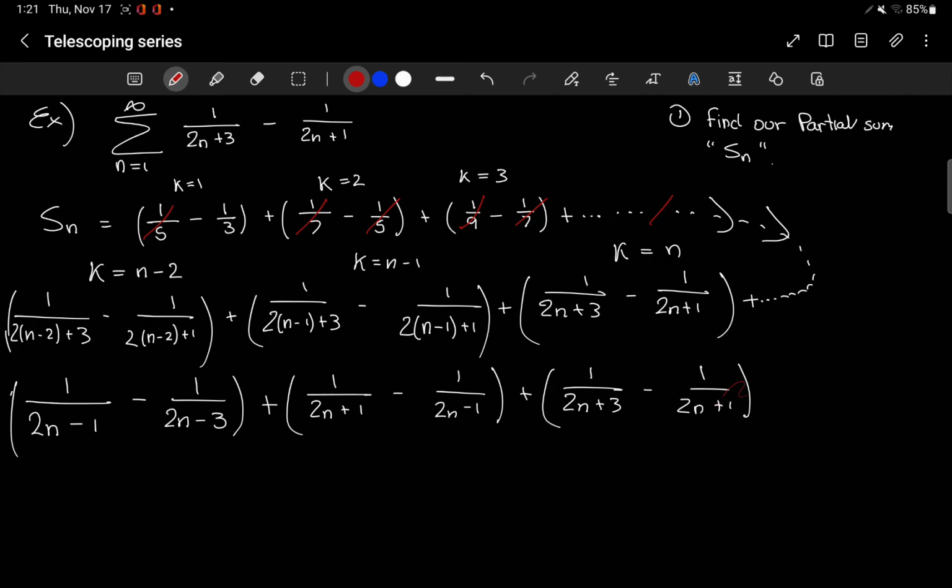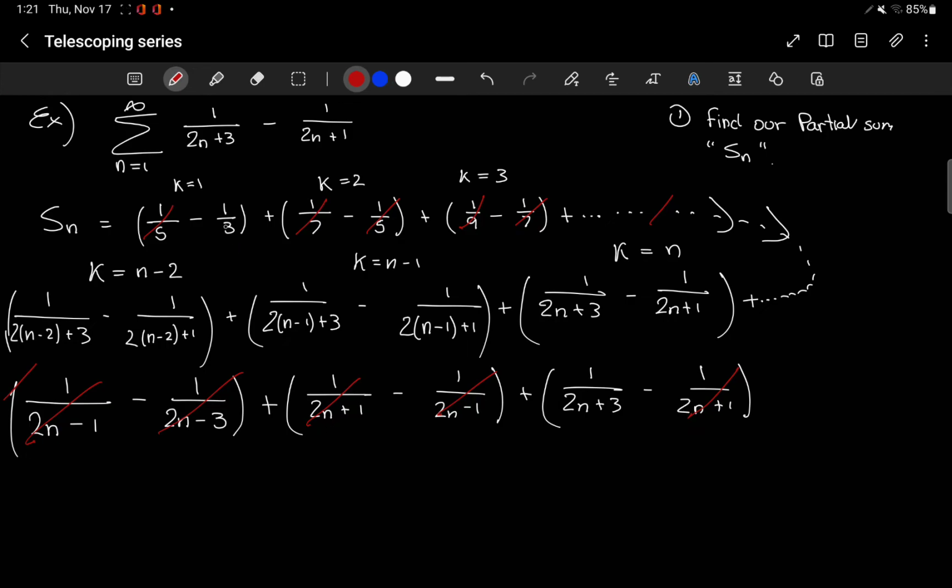The last fraction crosses out with the first fraction in the previous term. Let's just pretend that there's another term there. So this is basically the same pattern that we had here, but it's just backwards, because again, here the first fraction crosses out with the last fraction in the next term, and here the last fraction crosses out with the first fraction in the previous term.